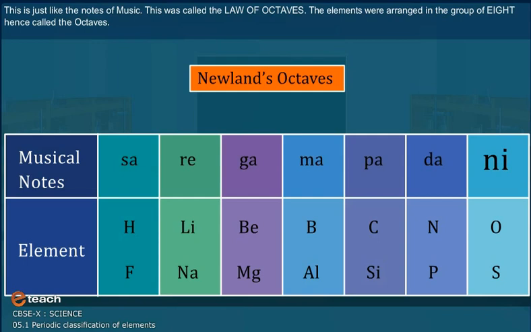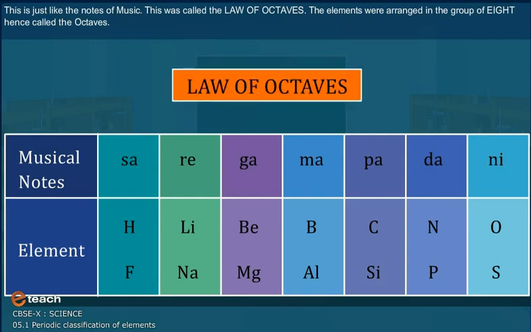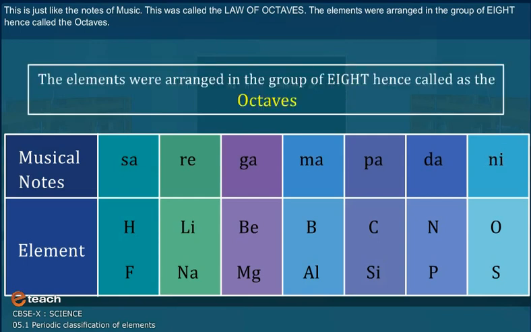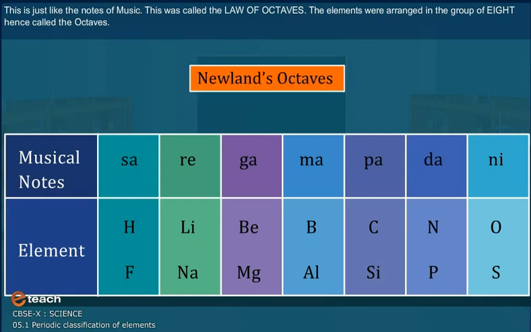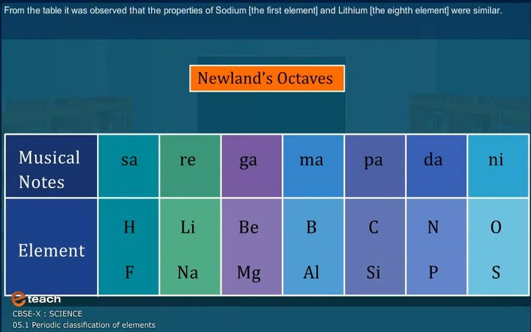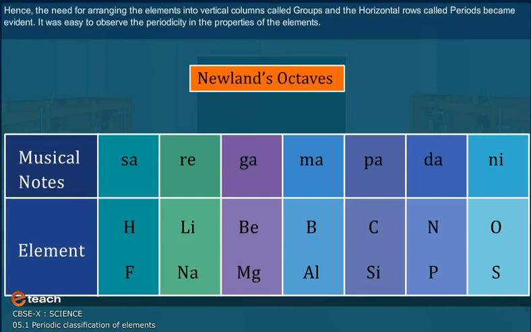This was called the law of octaves. The elements were arranged in groups of 8, hence it's called octaves. From the table it was observed that the properties of sodium and lithium, the eighth element, were similar.